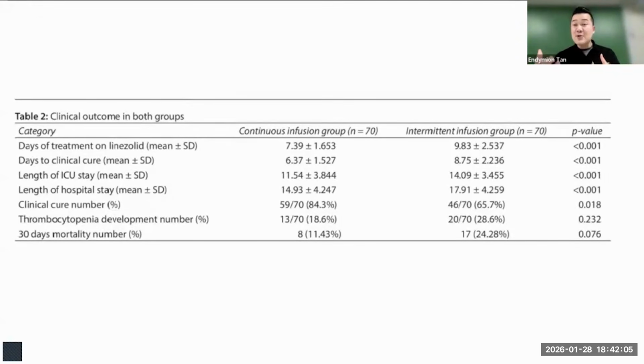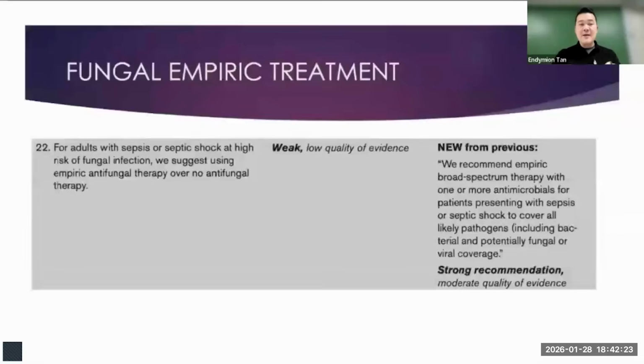Or maybe from our pharmaceutical colleagues here: what are you going to tell us, or do you have more studies, more randomized controlled trials, for continuous versus intermittent infusion? Those can be some future opportunities.